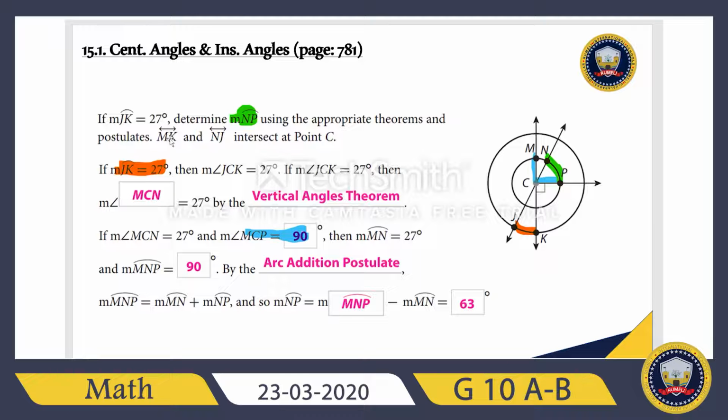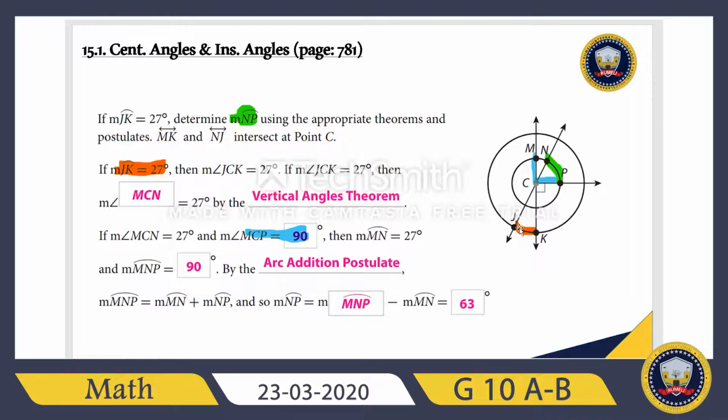Here it says MK and NG. This denotes lines. So the lines MK and NG are intersecting at the center of my circle C. How can I find the measure of NP given GK?